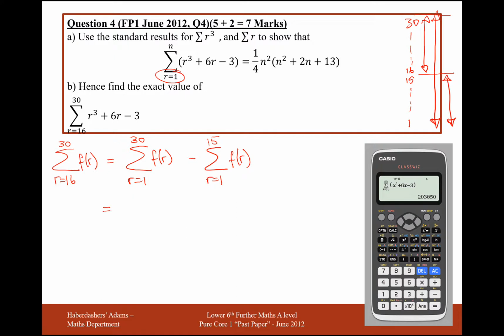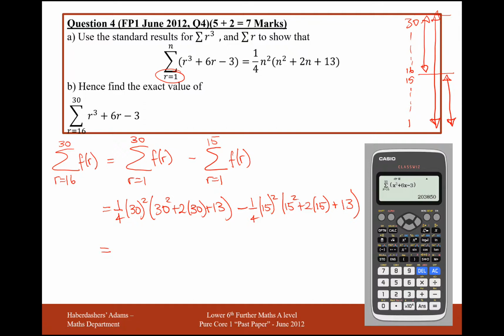So what I can then do is substitute 30 and 15 into my formulas that are here. So a quarter of 30 squared, (30 squared plus 2 lots of 30 plus 13), take away a quarter of 15 squared, (15 squared plus 2 lots of 15 plus 13).